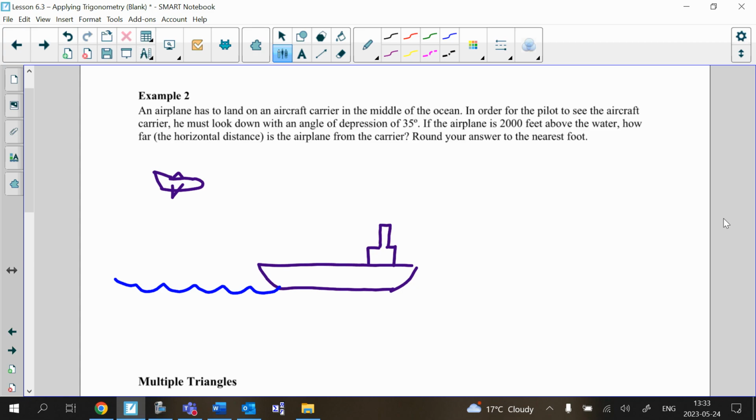So to draw an angle of depression from the plane, first thing I need to do is always draw a horizontal. And then draw a line of sight from the plane to the carrier.